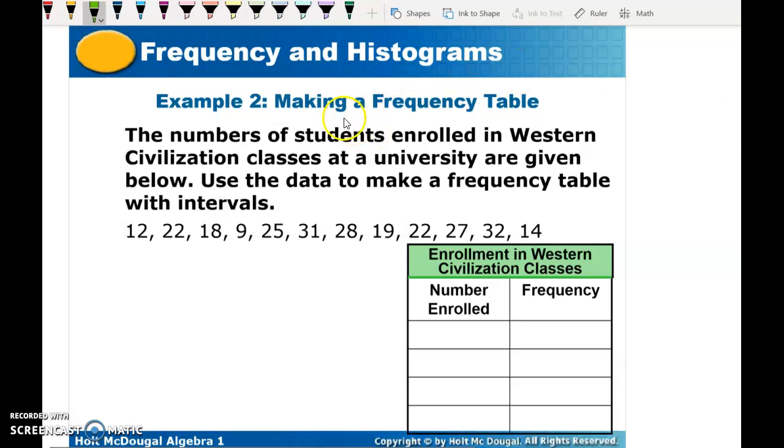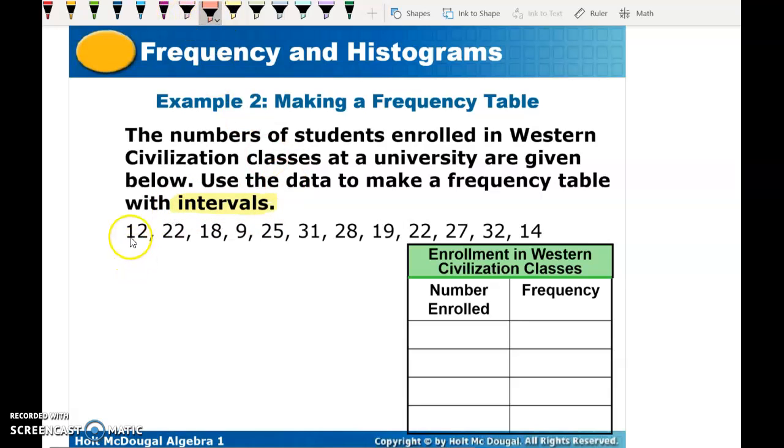Okay. So we've got the number of students enrolled in Western civilization classes at a university are given below. Use the data to make a frequency table with intervals. So intervals are a way to group data.